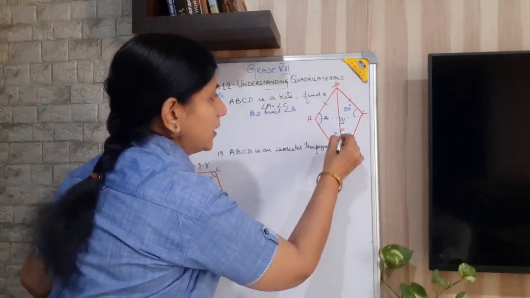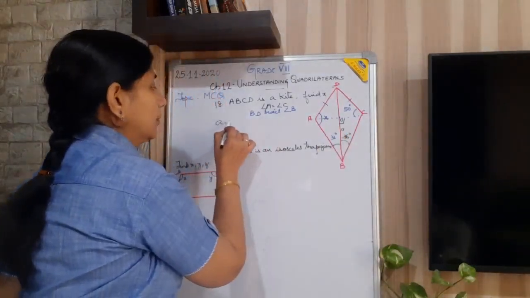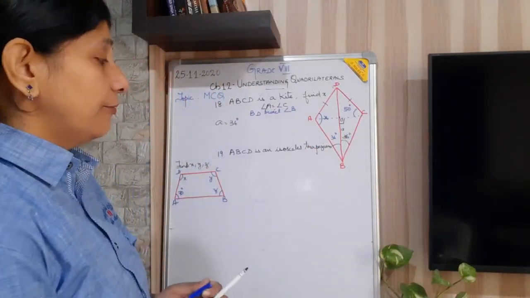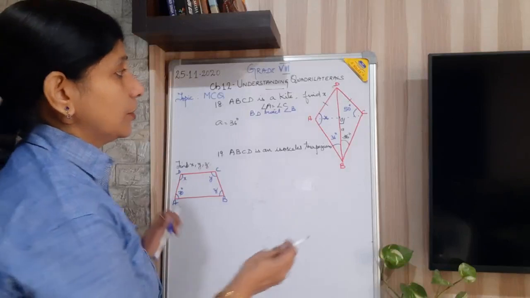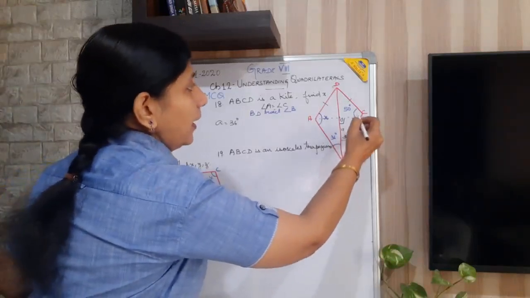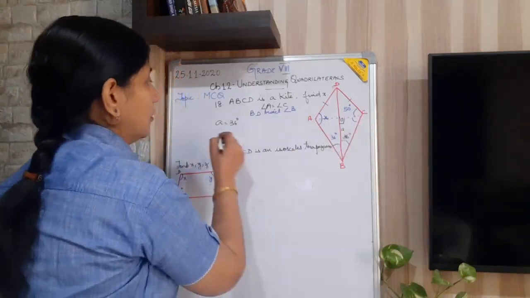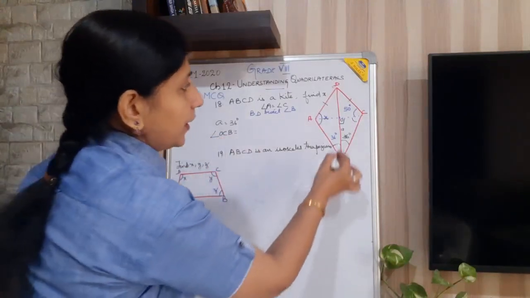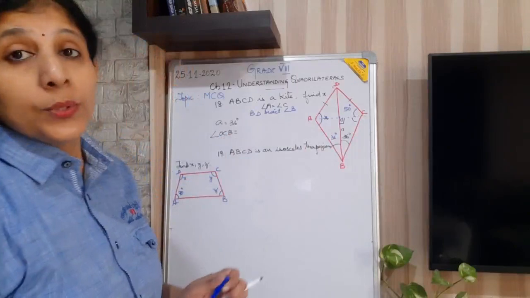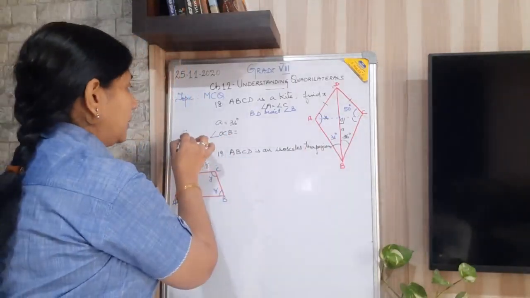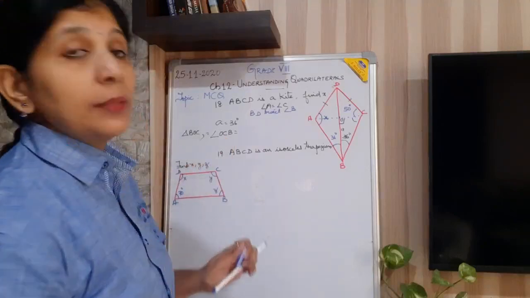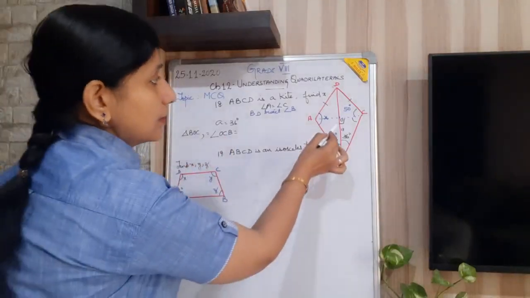I am putting it as A. So A is equal to 36 degrees because it bisects the angle B. Now if this is 36, what about angle OCB? See the triangle BOC. Angle OCB will be equal to 180 minus the sum of these two.